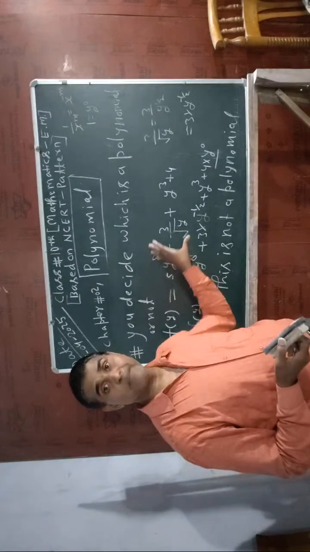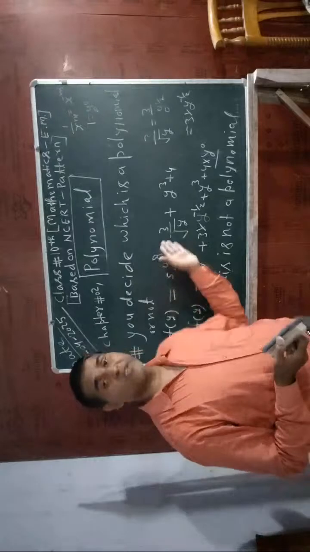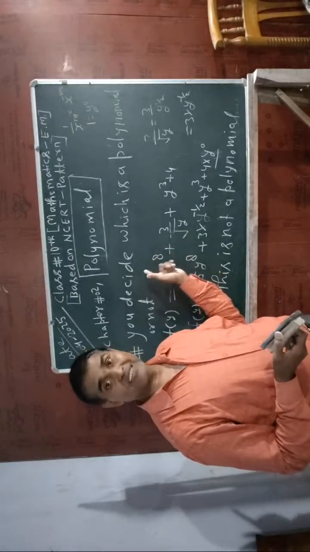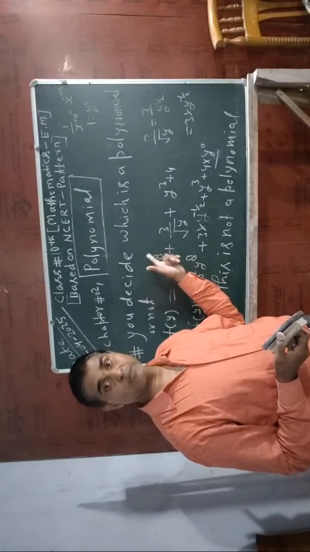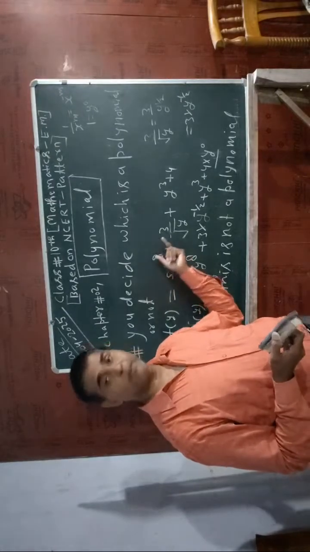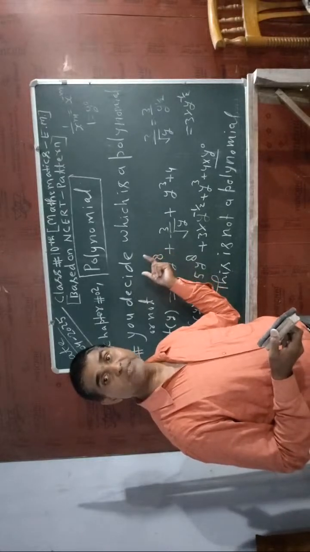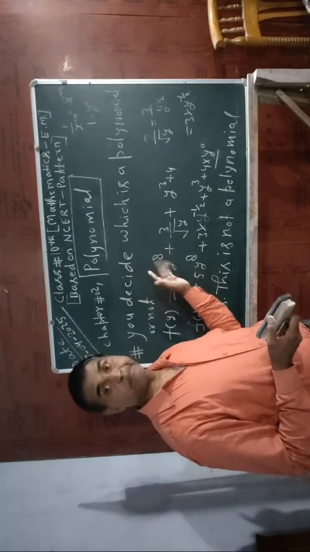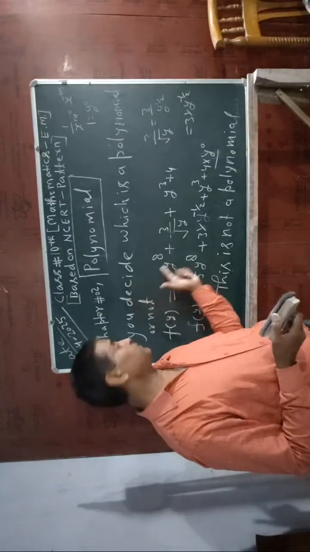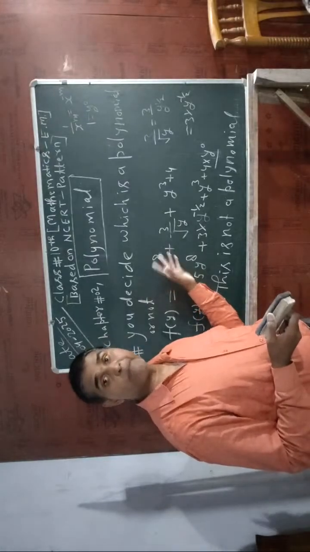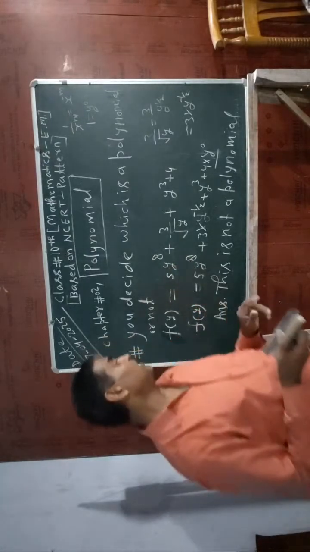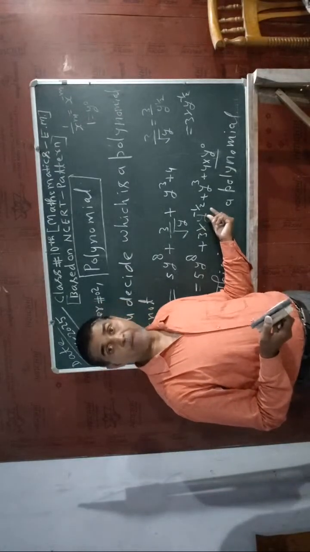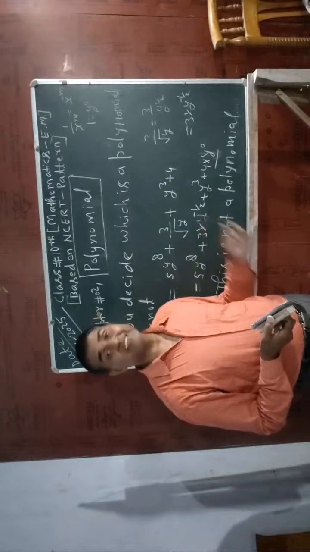If the power of each variable is positive, then the maximum power of the variable is the degree of the polynomial. But if any term has a negative power, in this case I will say that it is not a polynomial.